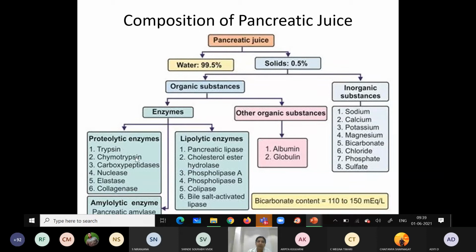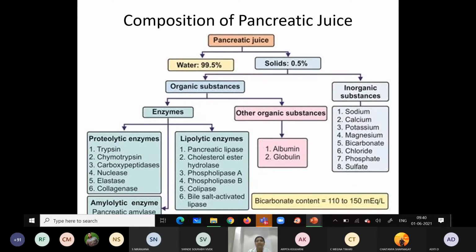Trypsin and chymotrypsin are going to digest the large long chain amino acids, whereas carboxypeptidase acts specifically only on the carboxyl group. Nucleases act specifically only on RNA and DNA. Elastase acts only on elastic fiber, and collagenase acts exclusively on collagen digestion. So the names are very specific, and there should not be any confusion in remembering these six proteolytic enzymes.